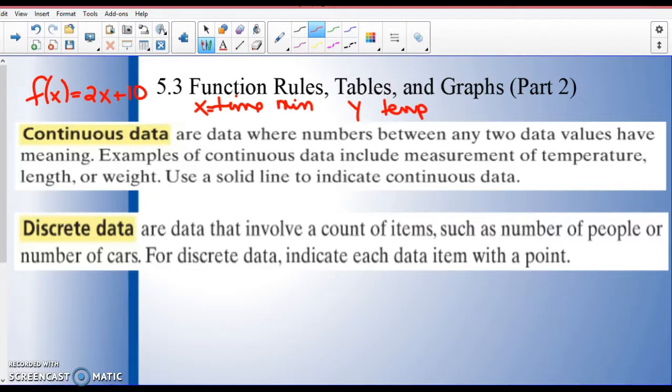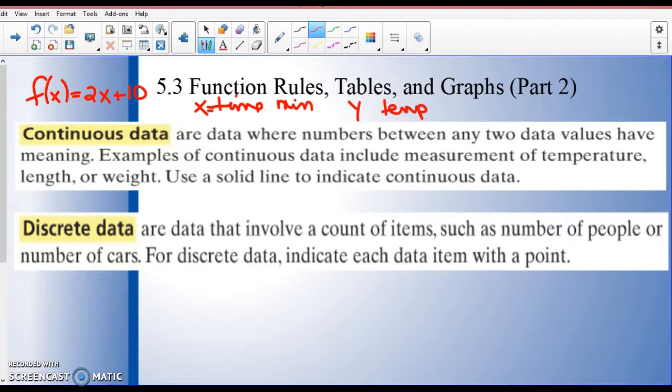Pretend we've got a little Bunsen burner. This function, and I'm totally making this up, but after 1 minute, the temperature would be 12. Let me ask you a question. Could it go 1.1 minutes? Yes, and the temperature would go up a little bit more.